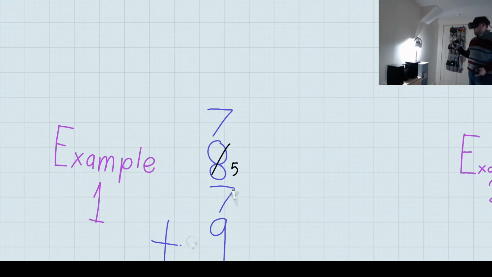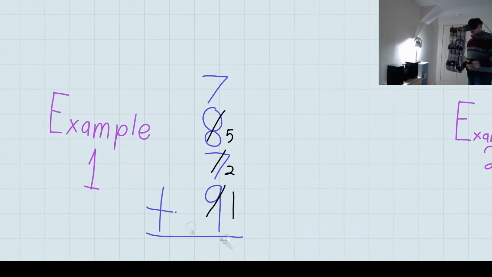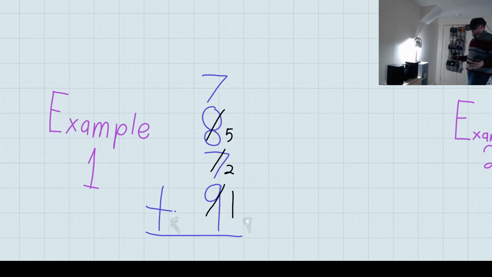So 5 plus 7, that would equal 12. And then when adding 12, well, 2, sorry, plus 9 would equal 11. So you put a scratch through, put the 1. And then when it comes to that last number, since we have nothing else to add to it, we're just going to put it down here.